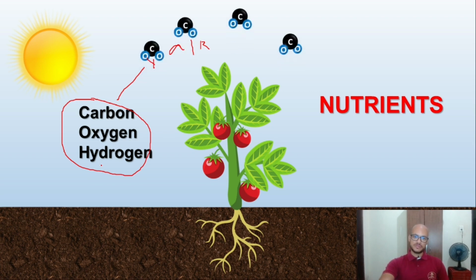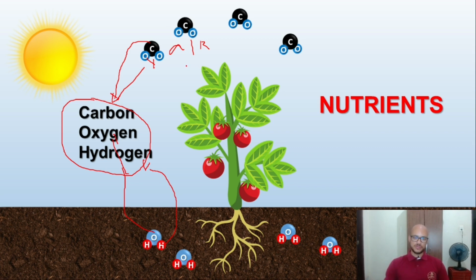Like carbon dioxide. So carbon dioxide provides carbon, and water gives oxygen and hydrogen, okay? So these nutrients come from the air, the water, and carbon dioxide.